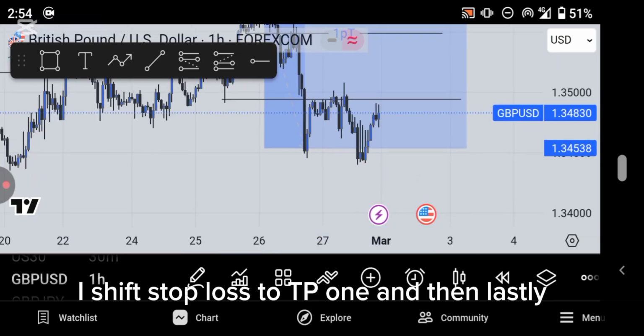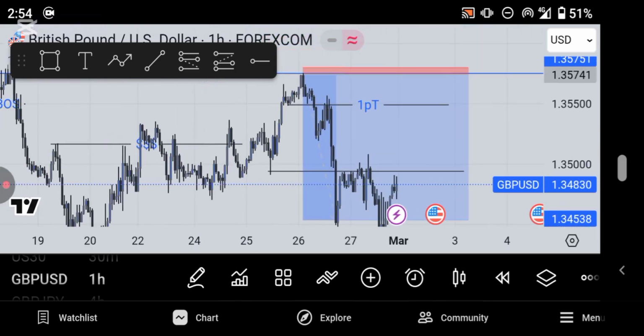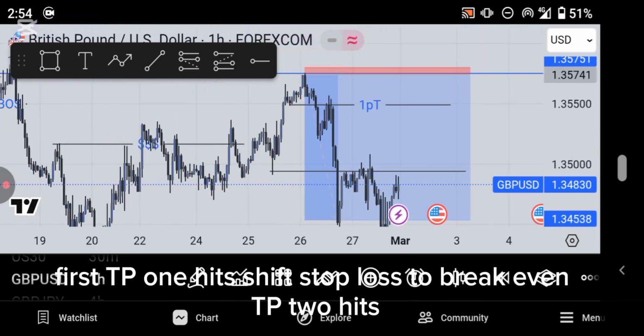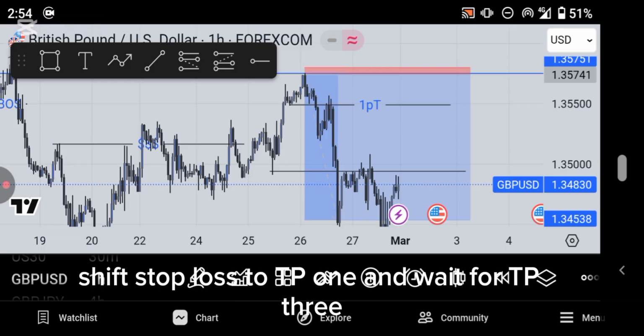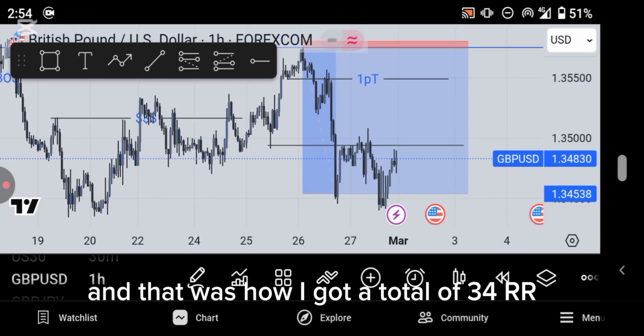And then lastly, we wait for TP3. Boom. This is how I manage my trades. First, TP1 hit, shift stop loss to break even. TP2 hit, shift stop loss to TP1 and wait for TP3. And that was how I got a total of 34 RR.